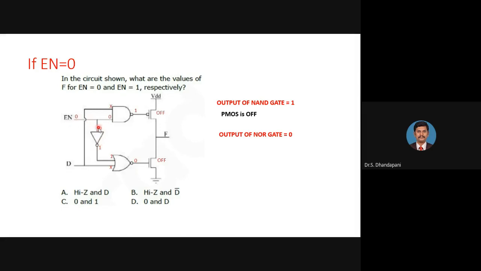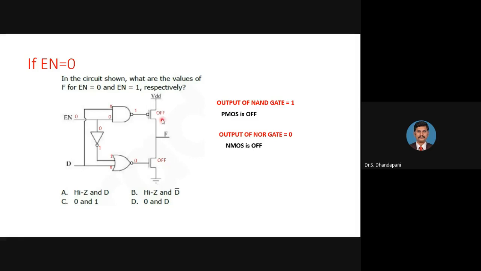When enable equal to 0, the output of this inverter is 1. For the NOR gate, if one input is 1, irrespective of the other input, the output will always be 0. Since the output of the NOR gate is 0, the NMOS transistor is also off.